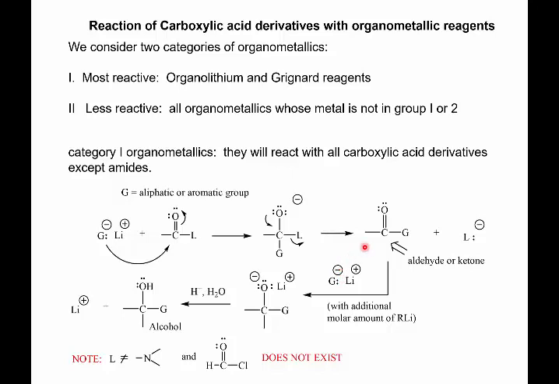It's going to attach to the carbonyl group. The lithium ion bonds to the oxygen. In other words, this is just the classical addition to a carbonyl group that we studied back in chapter 20. And so you get this addition product, right? Now this is actually a lithium alkoxide salt.